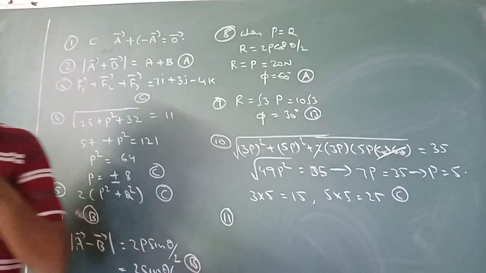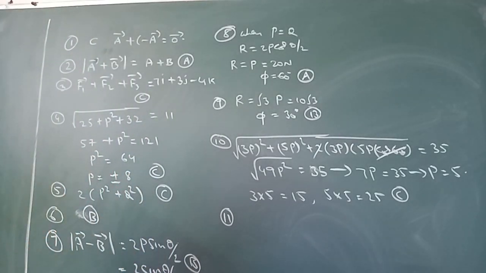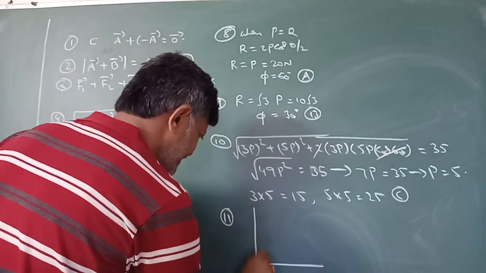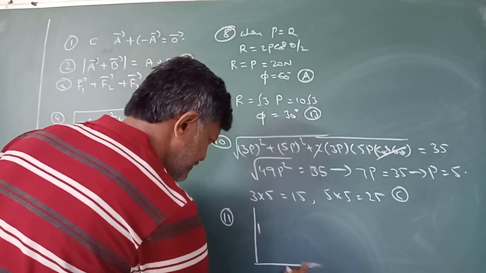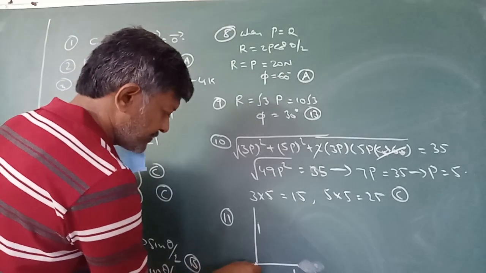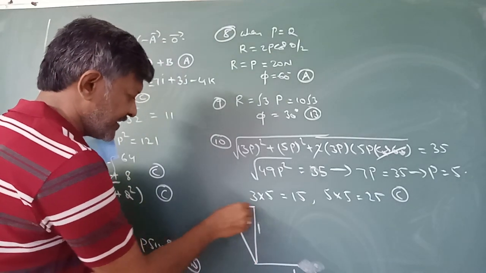11th one. Two forces, 1 Newton and p Newton, act at a point so that the magnitude of the resultant is 1 and perpendicular to the 1 Newton force. This is the resultant 1, this is one force, so the other force is P, which must be on this side.